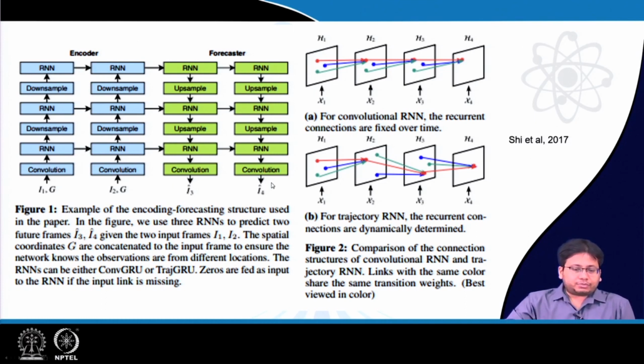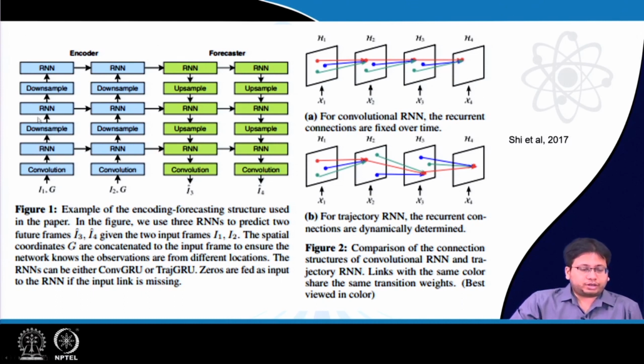The general structure is more or less unchanged compared to the ConvLSTM. At any given point of time, the inputs are presented in the form of spatial maps, or the radar images in this case. They undergo a sequence of convolutions and RNNs.